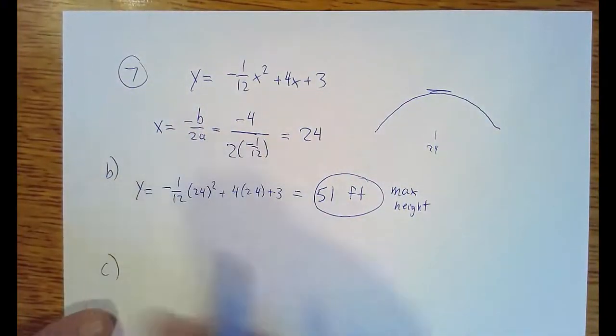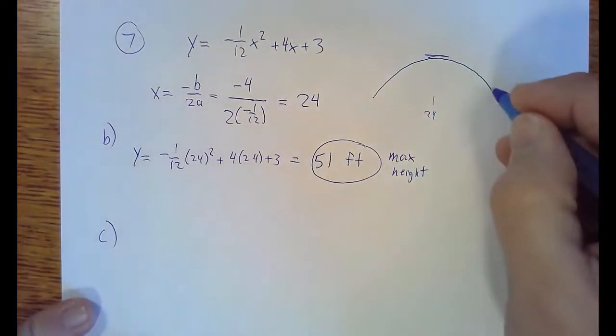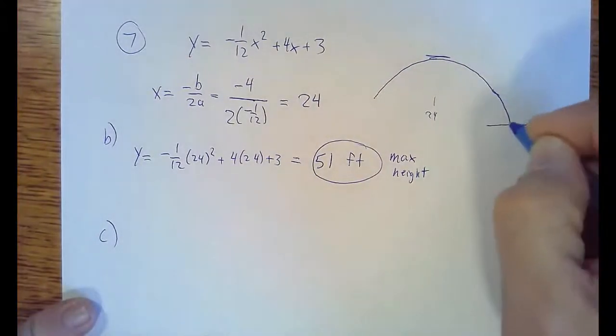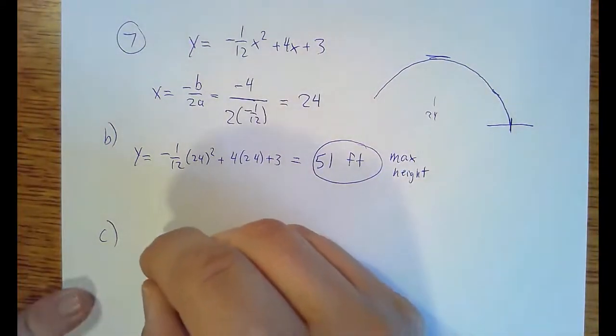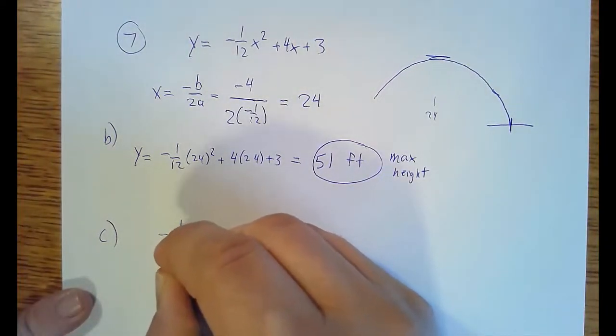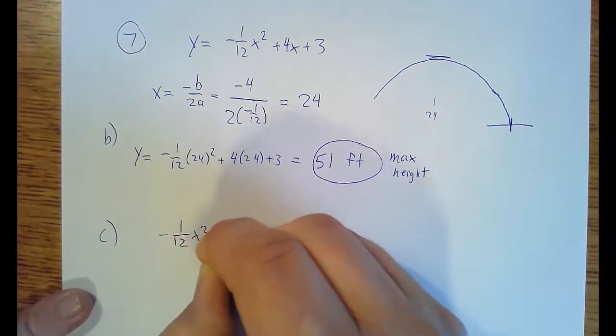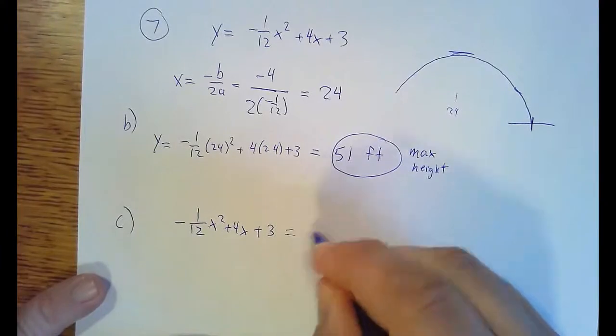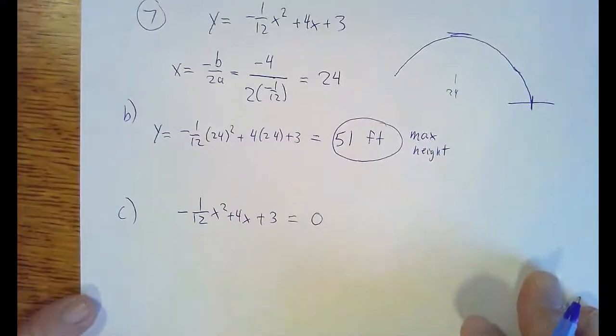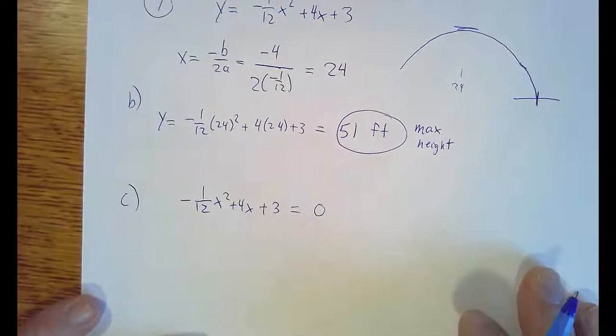Now for part C, we have to see when the ball hits the ground. Okay? And so in order to do that, we need to set the function equal to 0. So negative 1/12 x squared plus 4x plus 3 equals 0. So this is not a factorable quadratic function.